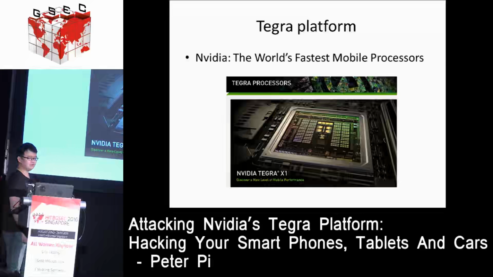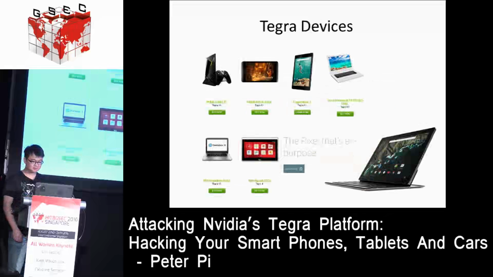Tegra is a system-on-a-chip series developed by NVIDIA for mobile devices. NVIDIA announced that Tegra platforms are the world's fastest mobile processors. There are many smart devices using the Tegra platform, like Google Nexus 9, Google Pixel C, and Chromebooks.